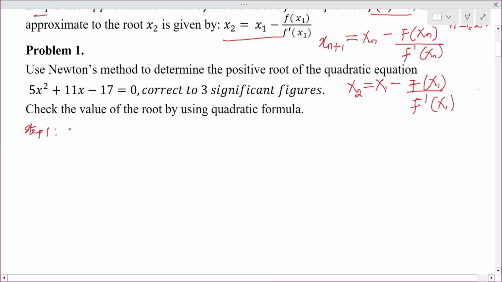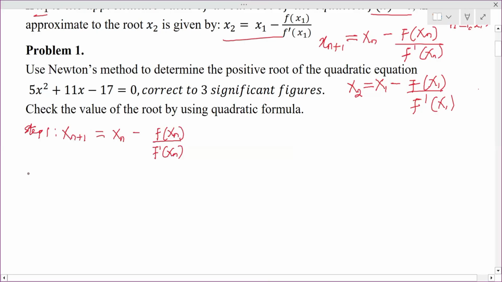The formula looks like x n plus 1 equal to xn minus f of xn all over f prime of xn. Is that correct? After you have done that, the next step is to define your f of x and its derivative, which is the first derivative of f of x.